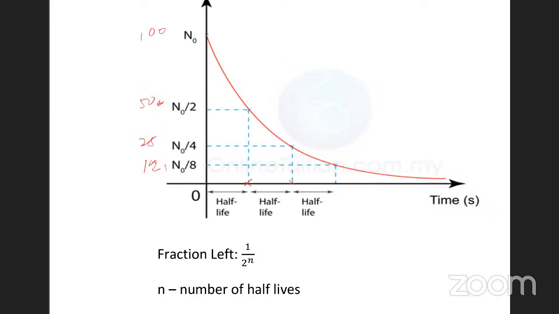So if you're reading for 25, come here, come down here. Remember that you're using as your original value the value of 50, and you're subtracting the value here and the value here. That will give you a half-life. So you have 1 half-life, 2 half-lives, 3 half-lives. Then you add them up and divide by 3.